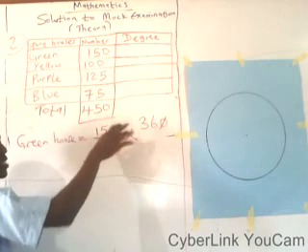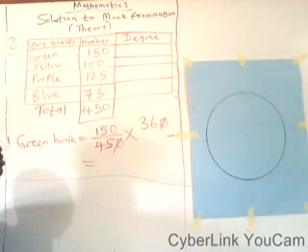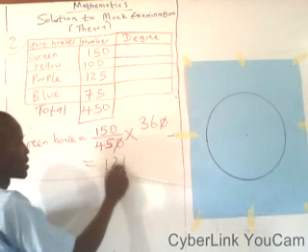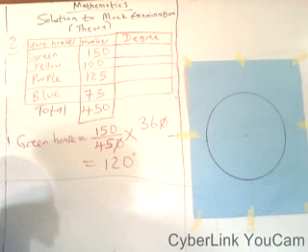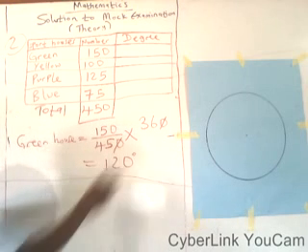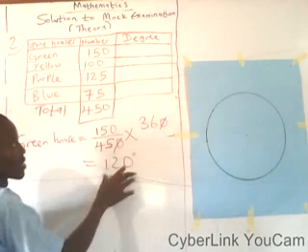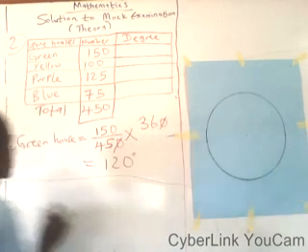If you do your calculation very well at this particular point, you are going to arrive at 120 degree. You are going to arrive at 120 what? Degree. Why do we put this degree? Because we've converted this to what? Degree. By multiplying it by 360.